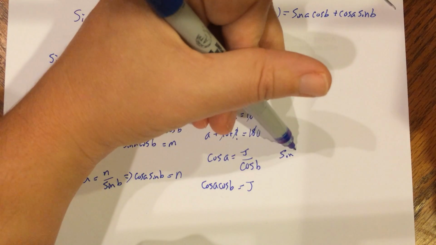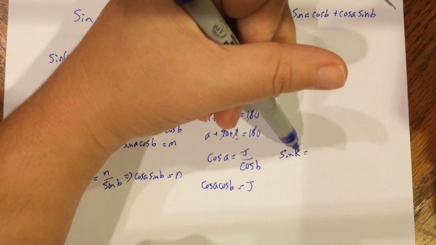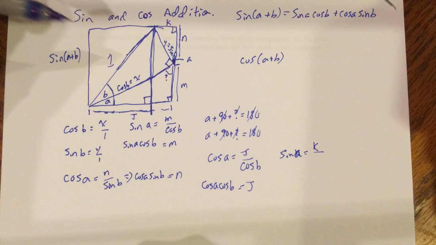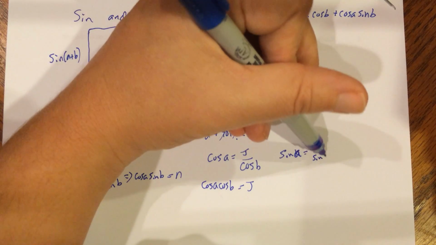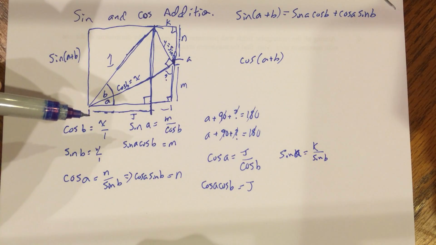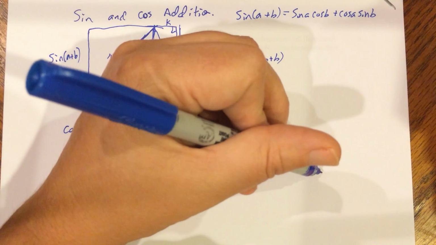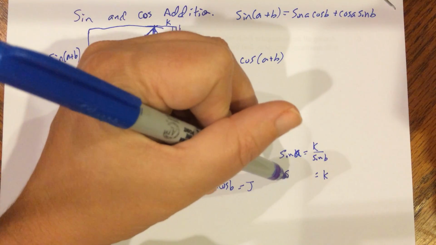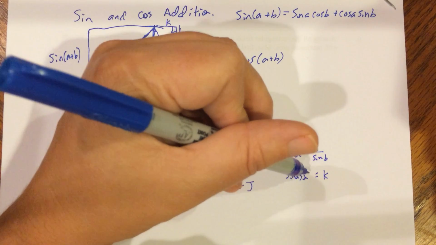So I can say sine of A equals K over sine of B. So K equals sine of A, sine of B.